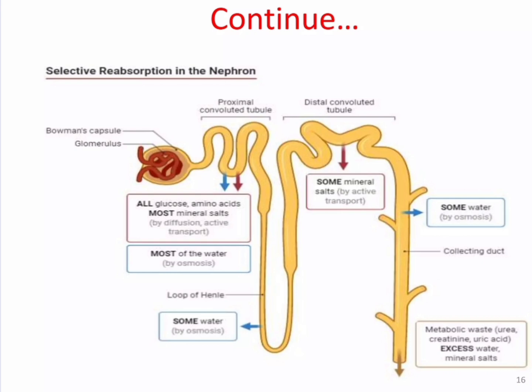Then it goes to the distal convoluted tubule, where some more mineral salts are absorbed. Then it goes to the collecting duct, where some water is collected. At the end of the collecting duct, the metabolic waste, that is urea, creatinine, uric acid, and excess water and mineral salts, are present in the urine. This is selective reabsorption in the nephron.